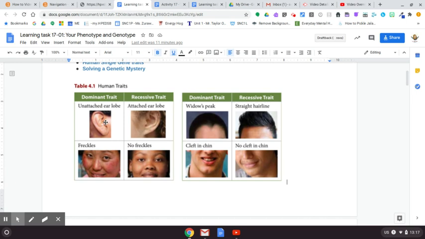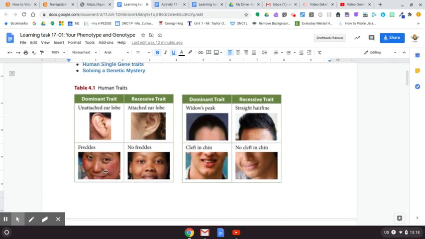The dominant trait is an unattached earlobe. The recessive trait is the attached. We talked about this. You would have to have two small letters to get the recessive. You could either have two big dominant traits, so CC, or you could have one dominant and one small trait to get this.